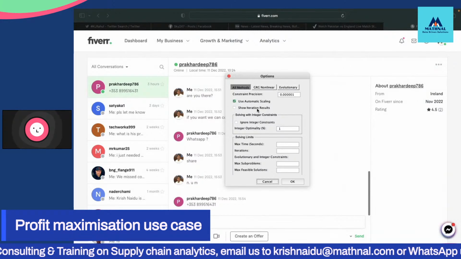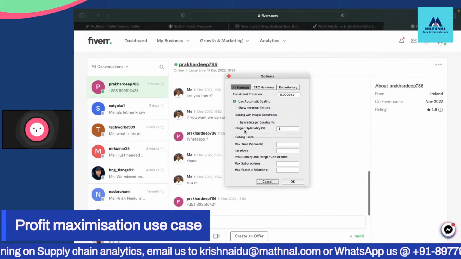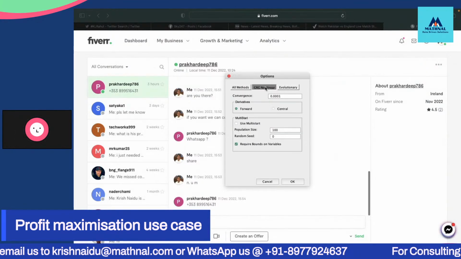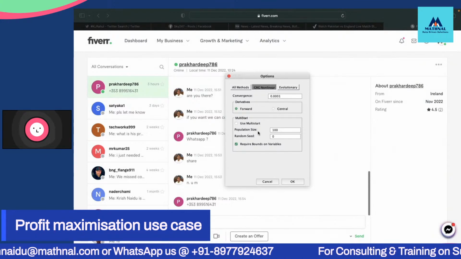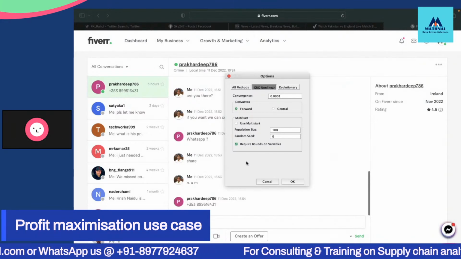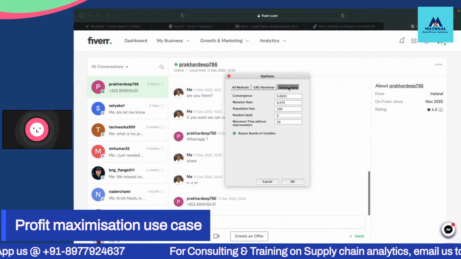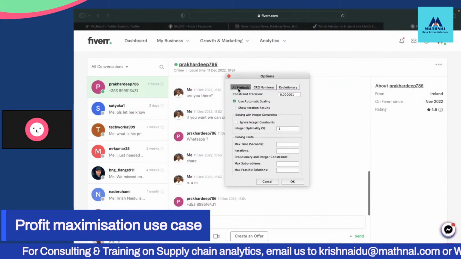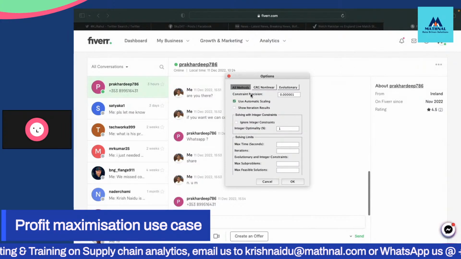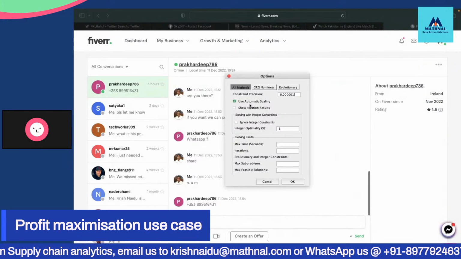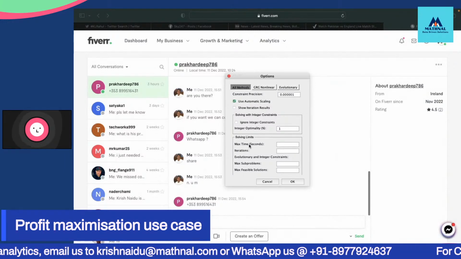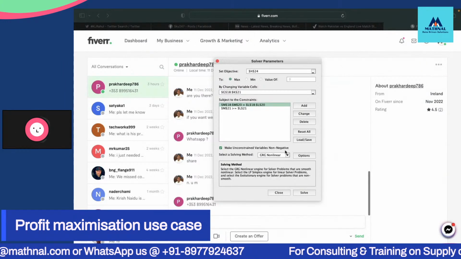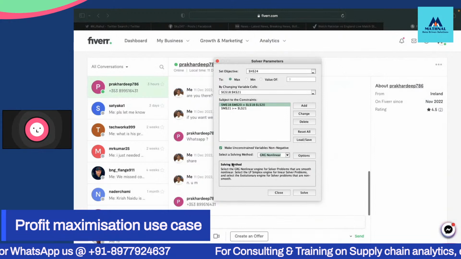We want show iteration results, ignore max time, max problem iterations, GRG non-linear, evolutionary. Use automatic scale, iteration results, ignore max time, iterations, evolutionary. So then we have to go with.